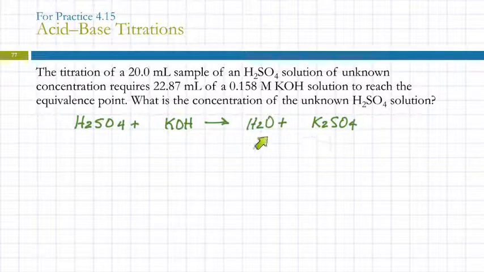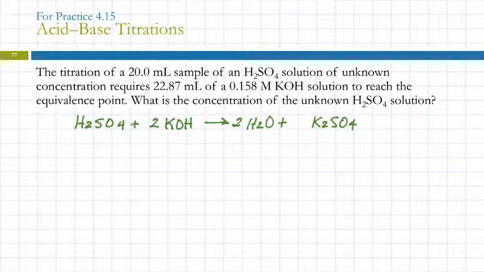Here we've got K2, and there I've just got K. There are hydrogens and oxygens everywhere, so I like to focus on the other things first, so I'll put a 2 here. Then I've got 2 potassiums, so that's okay. I can treat the sulfate as a unit, so that's fine. Then I've got 2 hydrogens here and 2 OH here, so that's going to give me 2 water molecules. Okay? Now I have my balanced chemical equation.